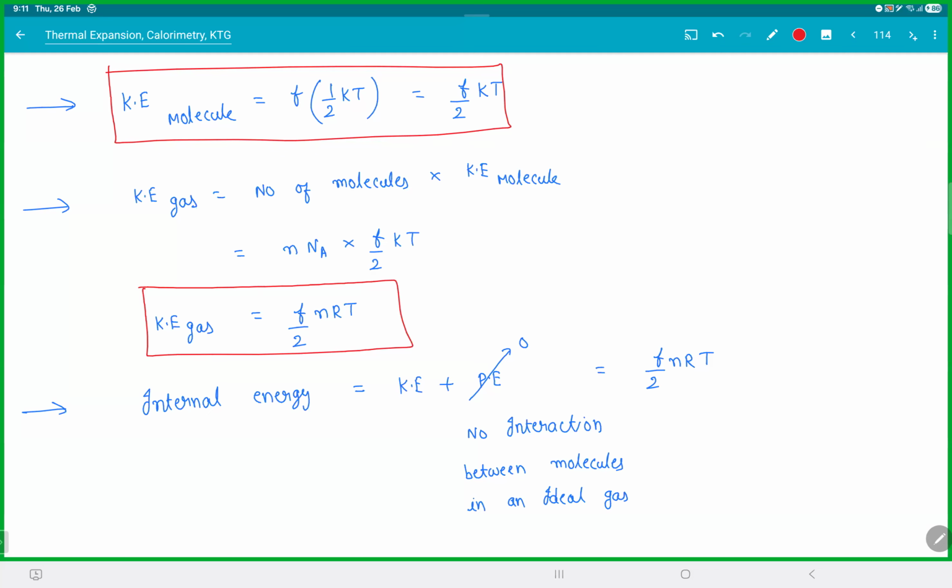Now, how do you find the degrees of freedom? For monatomic, helium, argon, these kinds of gases, the molecule can go Vx, Vy, Vz. And technically speaking, it can also have rotation. But then we said the size of the molecule tends to 0.